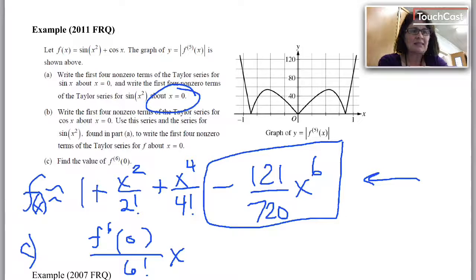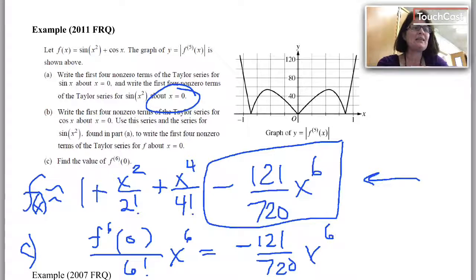Wow, x to the 6th. So it turns out we figured out the term in the f polynomial that has x to the 6th in it. And we got negative 121 over 720 x to the 6th.